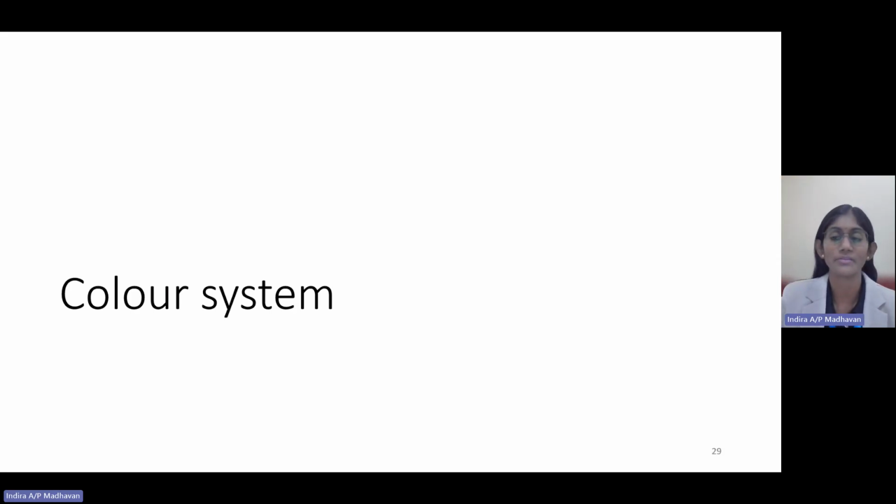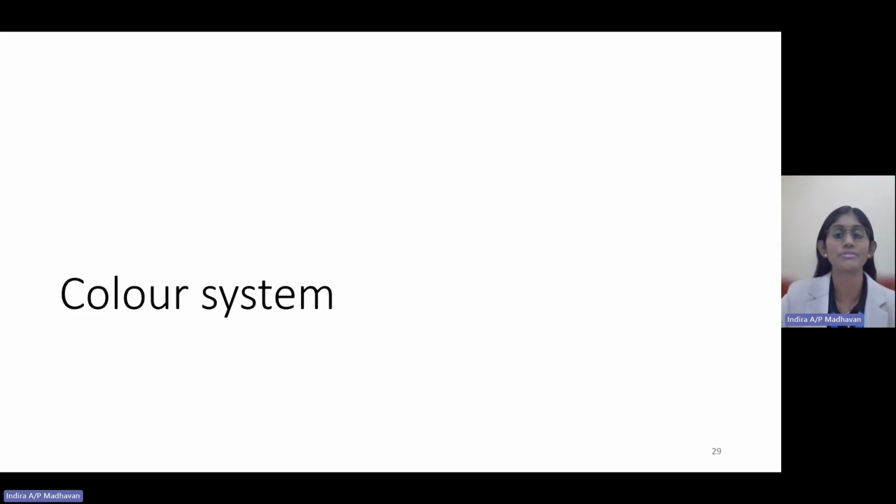It is essential because many industries need colors: photography, fabric, chemical factories. Many industries need the color system. That is one need.